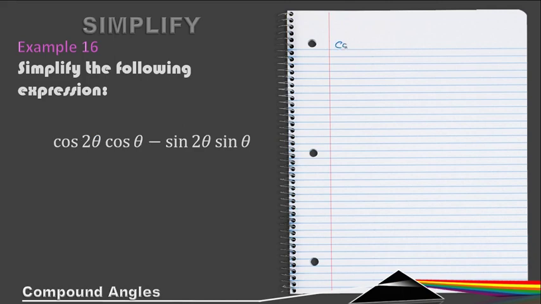So I have cos 2 theta, and cos changes the sign, so this must be plus theta. Then I can go a bit further: 2 theta plus theta is cos 3 theta.